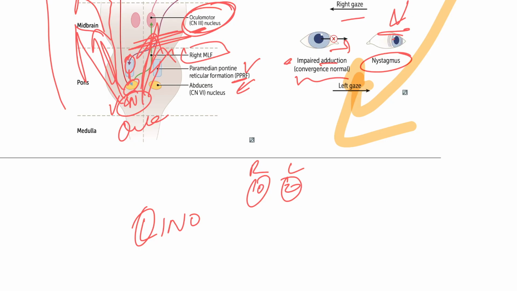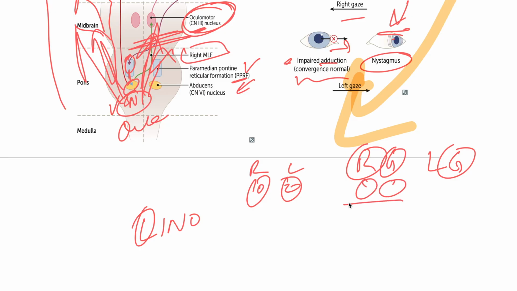So let's say you have a right gaze and a left gaze. Let me just do the normal here. Right gaze, meaning going towards the right, here's the right side, and left is going towards the left, and this side is the left, right?